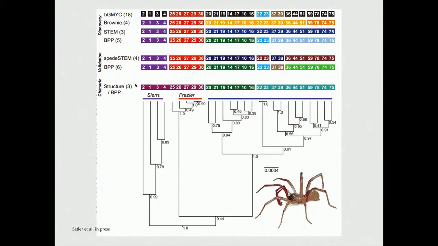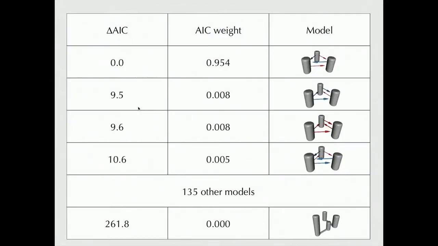They don't allow migration. But maybe migration is happening. So we throw it into PHRAPL, a whole set of models that range from the species delimitation no-migration models to island models, and found that actually the best model in this case was an island model, with a lot of weight. So now we discovered something new about those data from using this exhaustive approach.